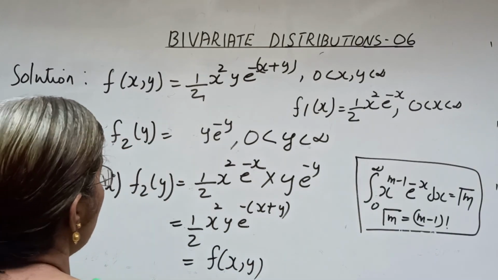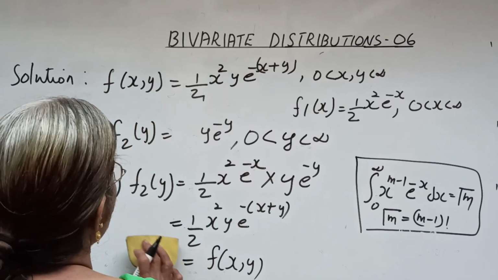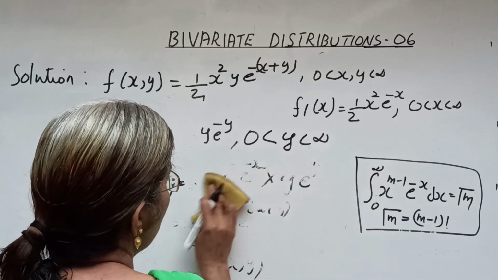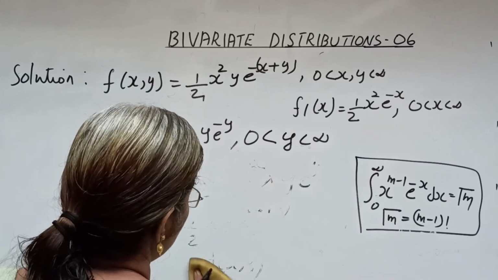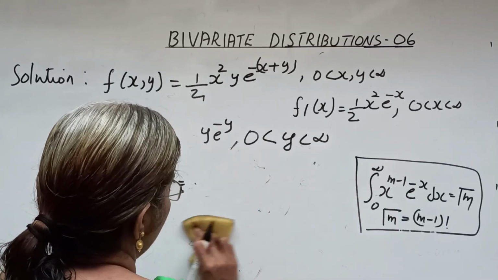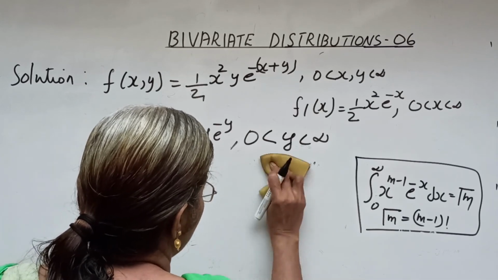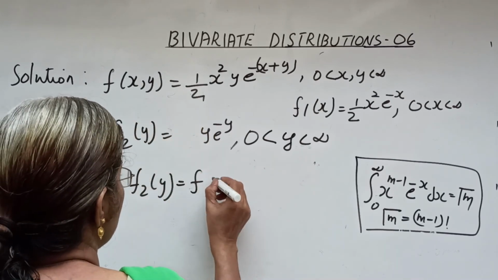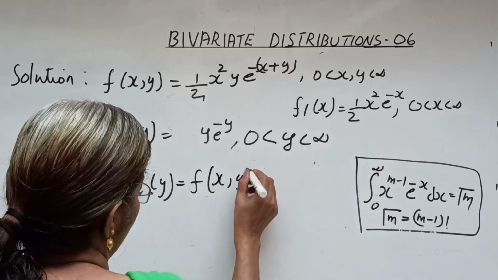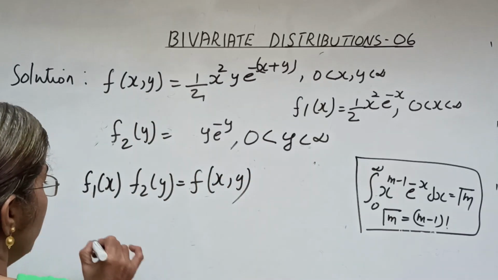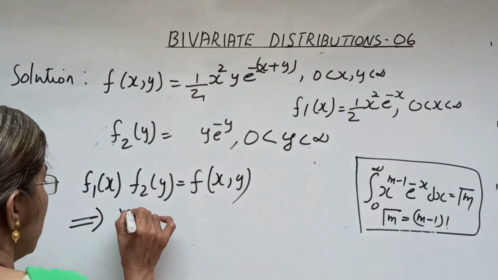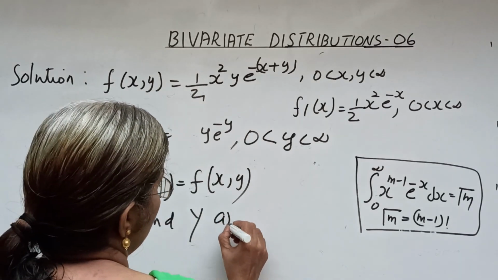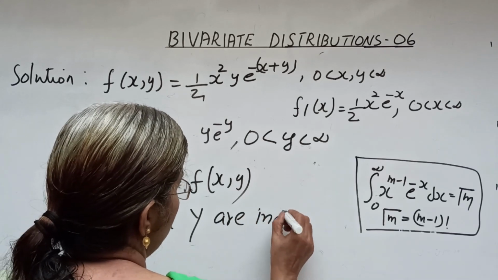That is, we have obtained f1x into f2y equal to f of xy. We obtain the result which implies that x and y are independent.